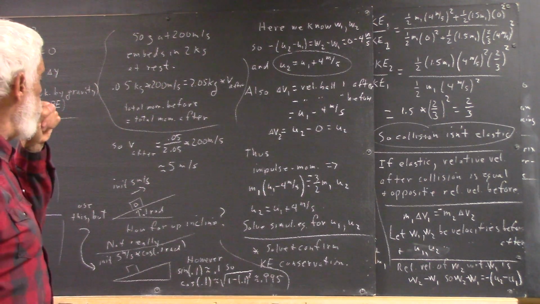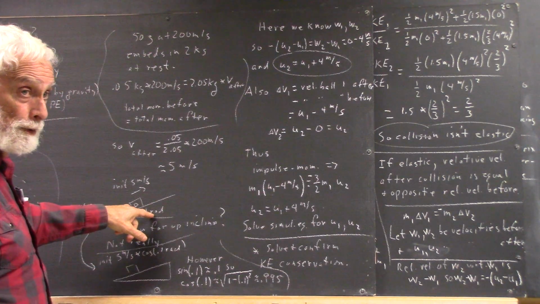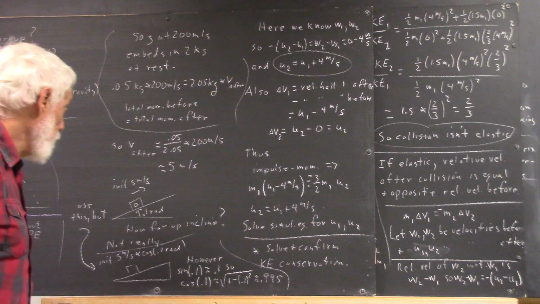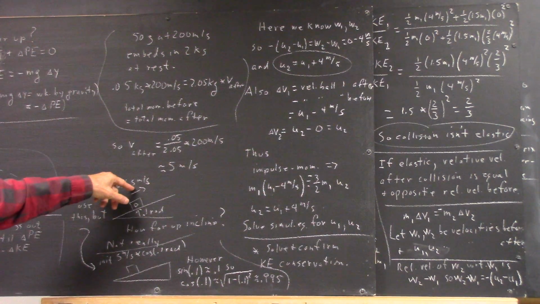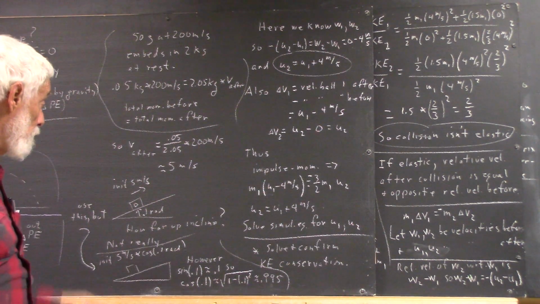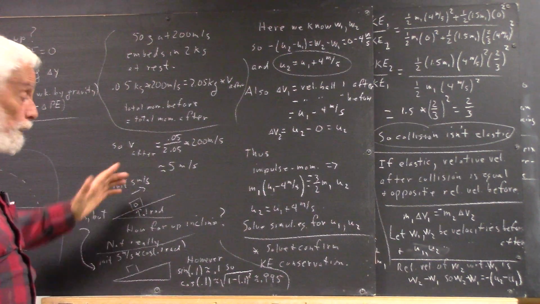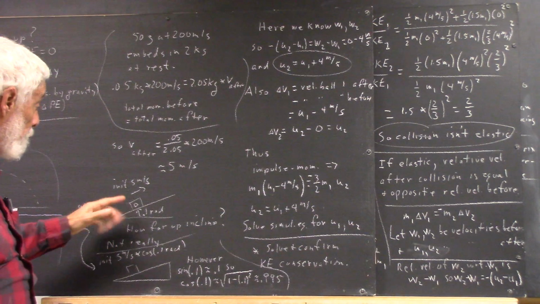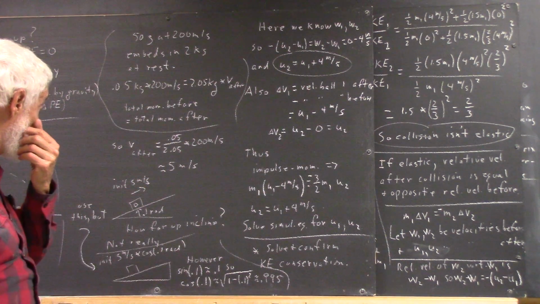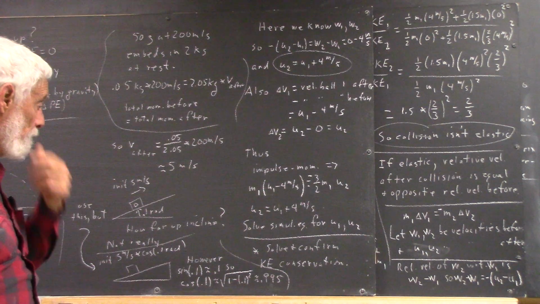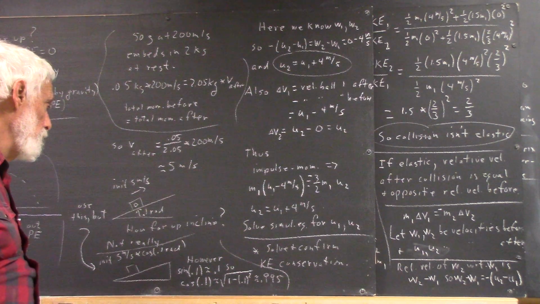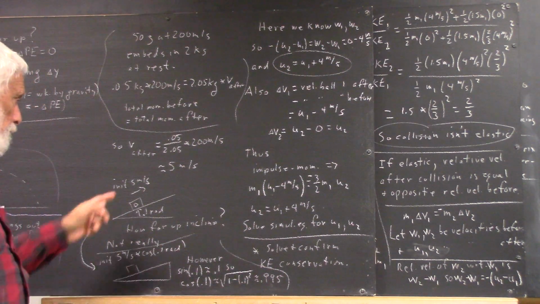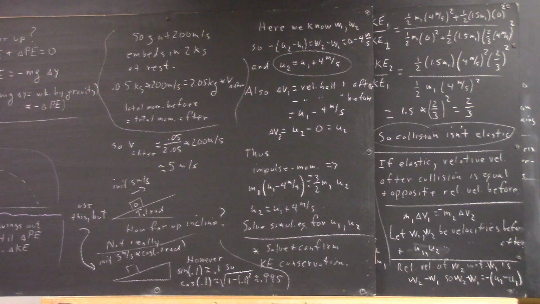But at this small angle, which is about, rounding off to the nearest degree, 6 degrees, it's going to be pretty close to this. The reason it doesn't give it the whole 5 meters per second is only the component of the momentum parallel to the incline is going to influence the velocity. So it's going to be a little less, probably about 4.7 meters per second, I would say, and you can work it out if you wish.